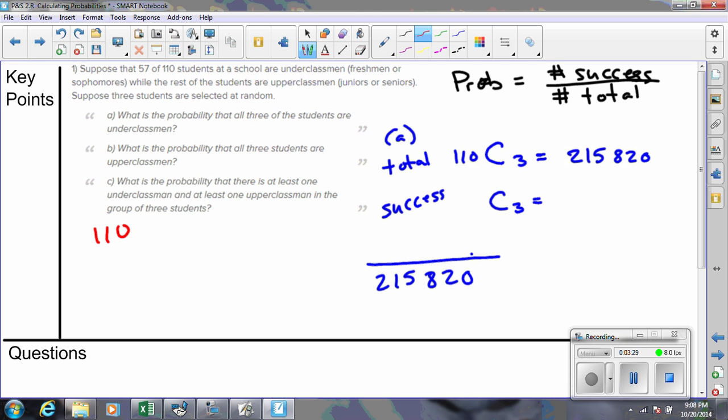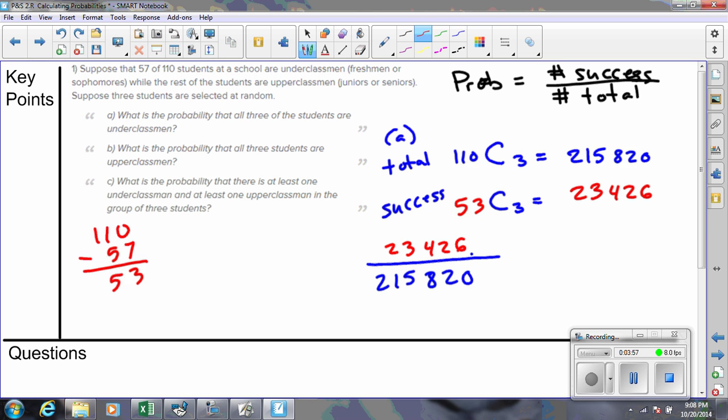We would have 110 subtract 57, which yields 53. There are 53 upperclassmen to choose from, and when we use our calculators to crunch that, we wind up with 23,426 successes.